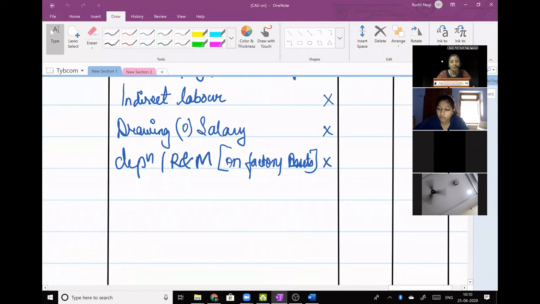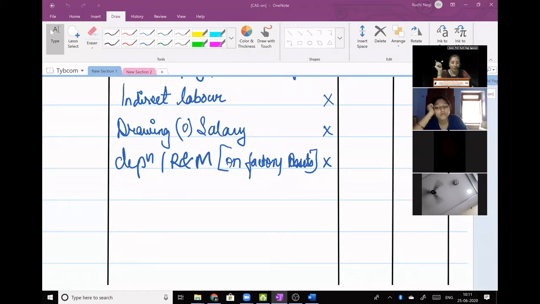Plant and machinery, factory equipments, factory premises, factory building, then loose tools. I hope you know the meaning of loose tools. Anyone knows what loose tools are? You can acknowledge it in the chat box. Post it in the chat box if anyone knows the meaning.